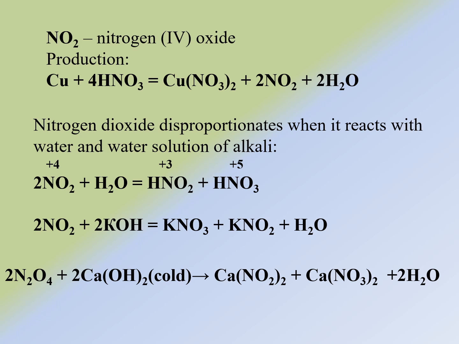In the absence of oxygen, NO2 will give us a mixture of nitrous acid and nitric acid. So this is a disproportionation reaction. N from the oxidation state of +4 turns to +3 and +5.